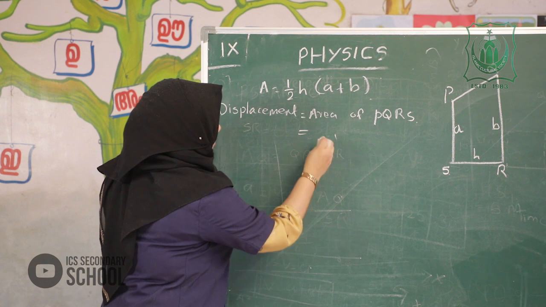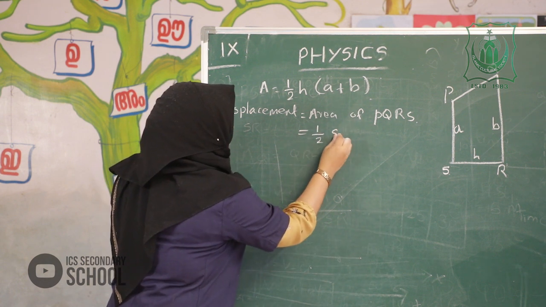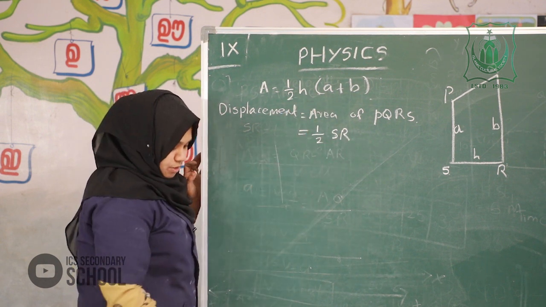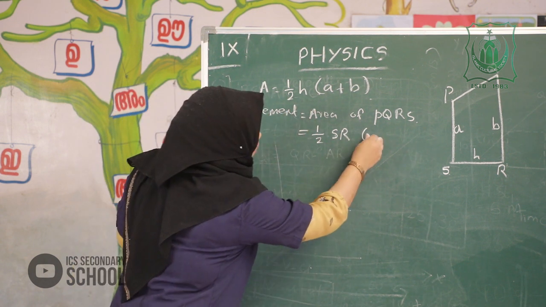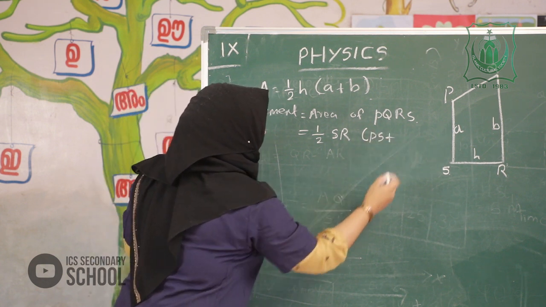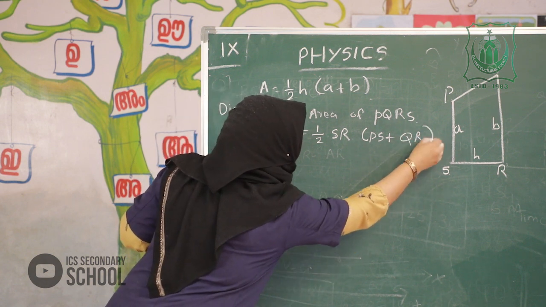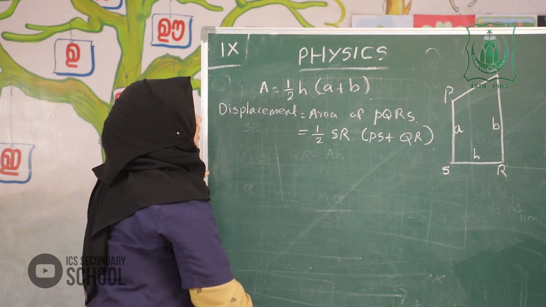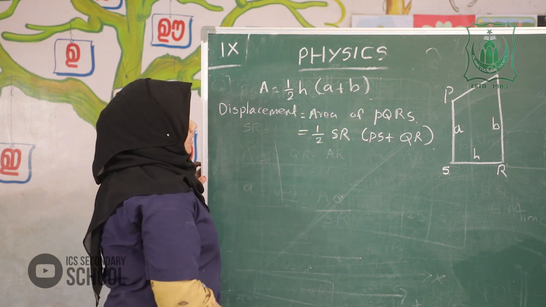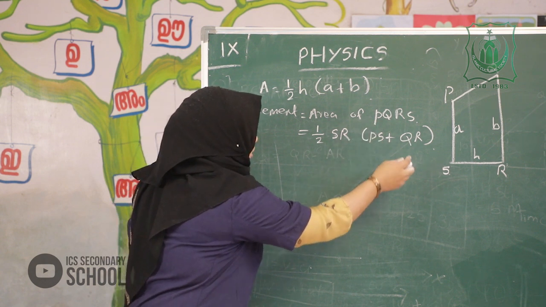H is equal to SR, so we put SR in h position. What is A here? PS. What is B here? QR. So area of PQRS is half h into A plus B, half SR into PS plus QR.